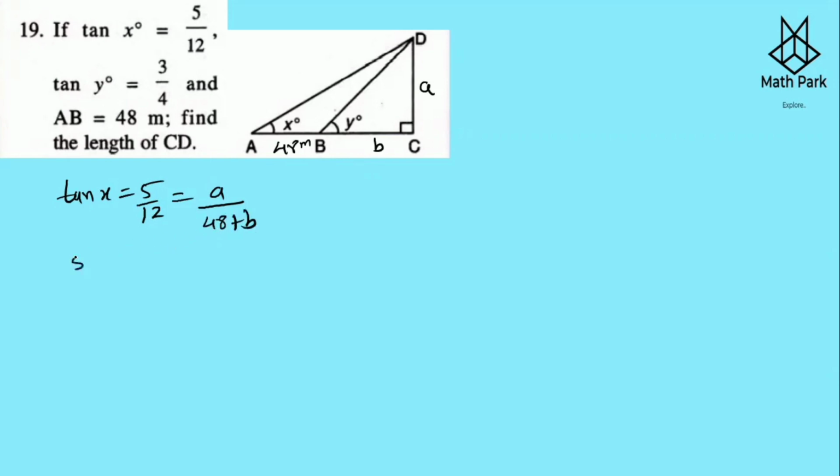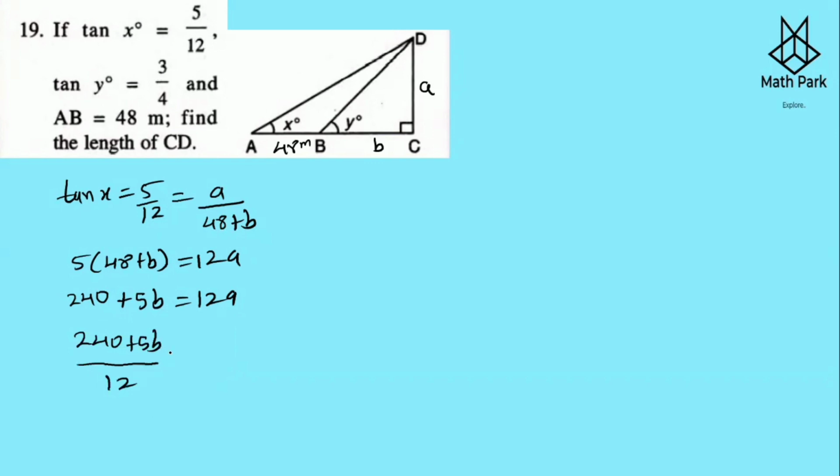You get 5 in bracket (48 + B) is equal to 12A. 5 multiplied by 48: 5 8s are 40, 5 4s are 20 plus 4, 24, so 240 plus 5B is equal to 12A. So we get (240 + 5B) upon 12 is equal to A. Okay, this part we have done.